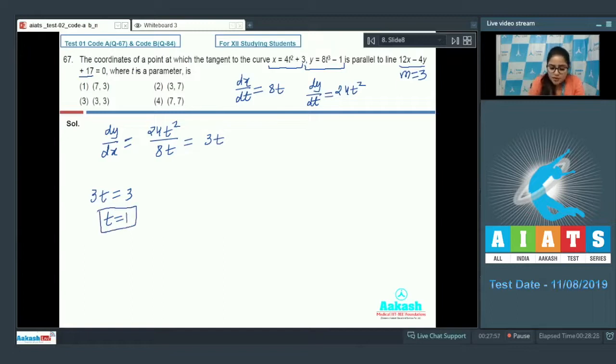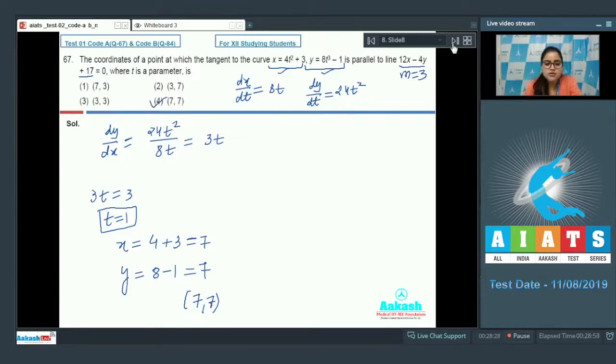Now just substitute t equal to 1 in these equations. So x equal to 4 plus 3, 7 and y equal to 8 minus 1, which is 7. So your point is 7, 7. Just check your options. So option number 4 is your correct answer.